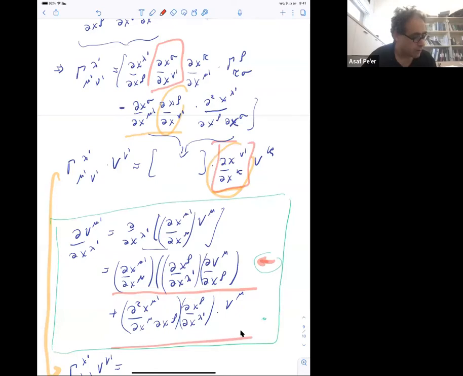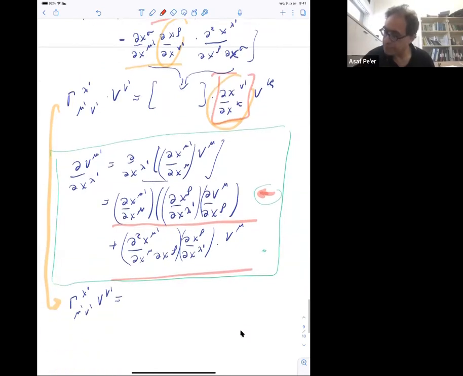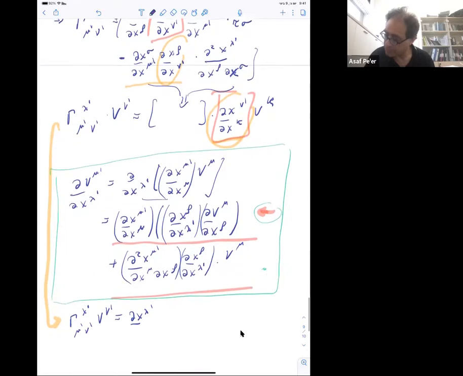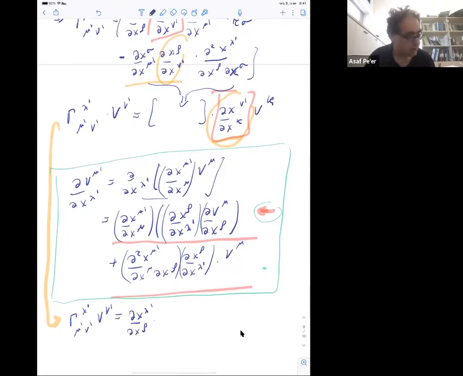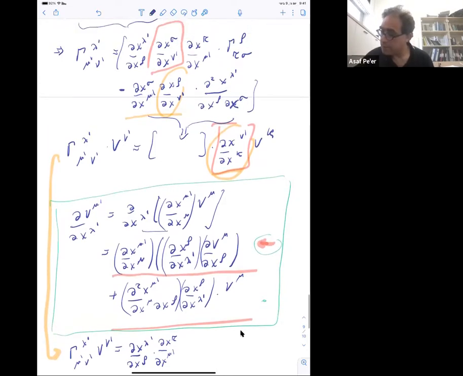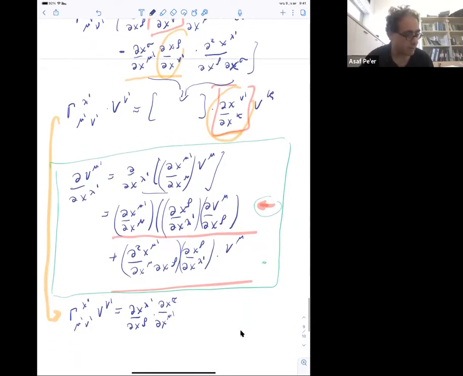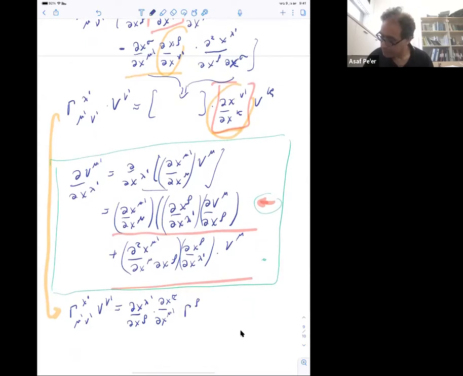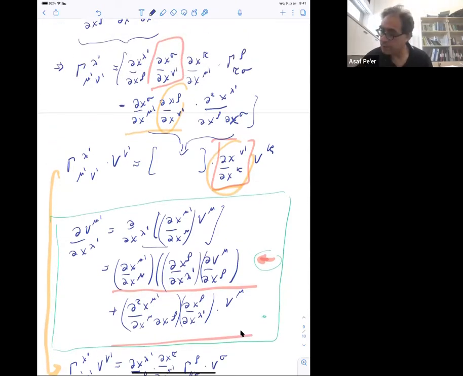So I'm going to write down the first term as dx lambda prime over dx rho times dx tau over dx mu prime times gamma rho tau sigma times v sigma, which I got from this delta sigma kappa, v kappa.